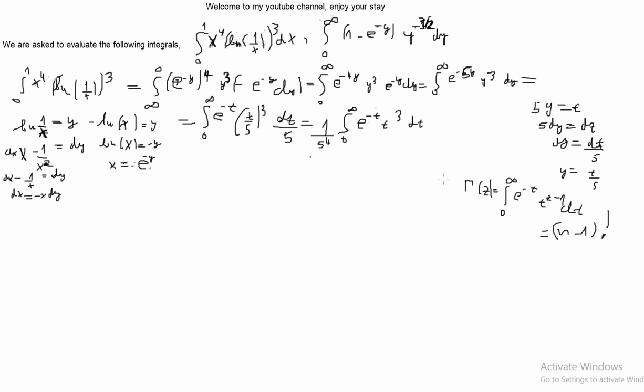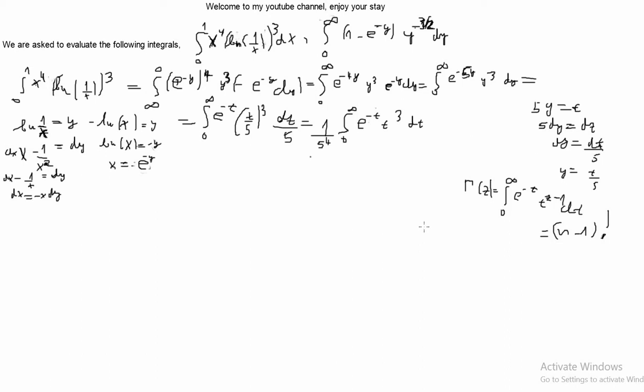Now you're asking me what is this t to the power of 3? Okay, let's solve it. We know it must be of the form z minus 1. So let's solve it for z.